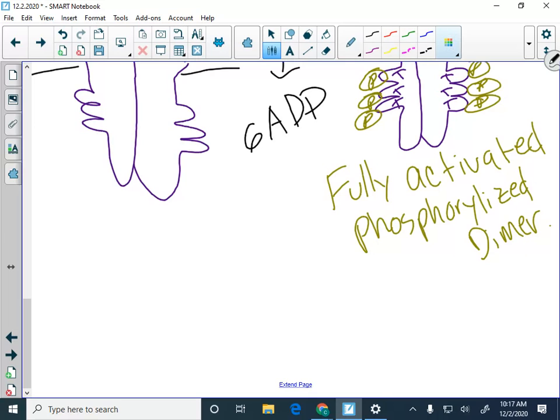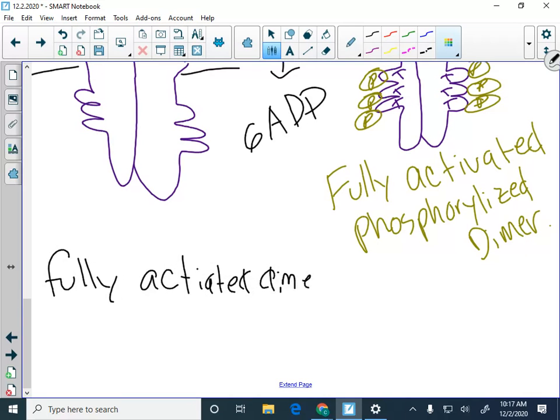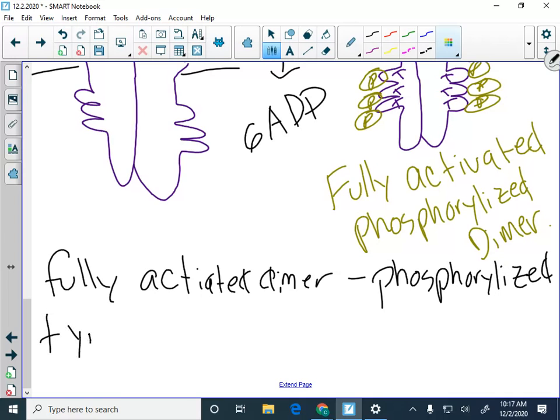The fully activated dimer, our phosphorylated tyrosines, bind to multiple relay proteins.